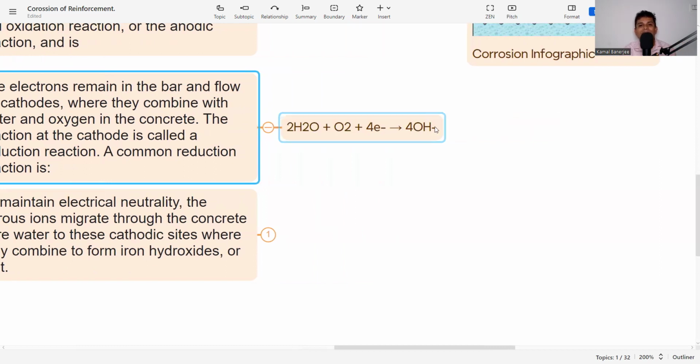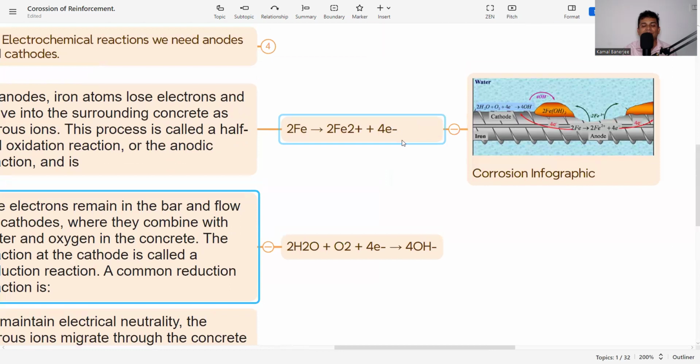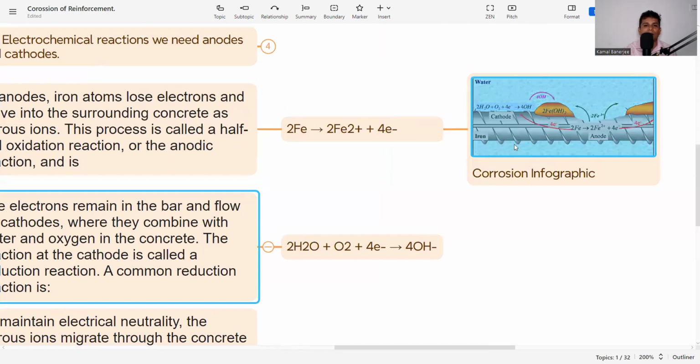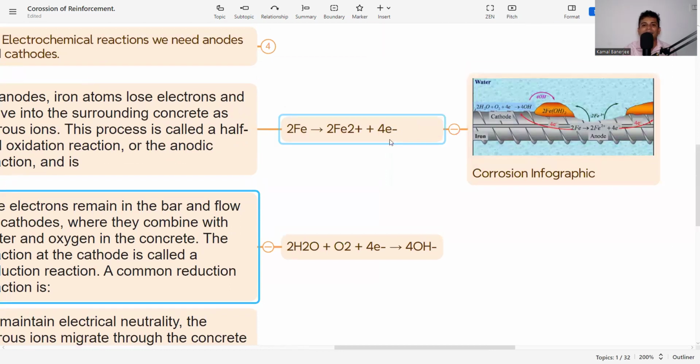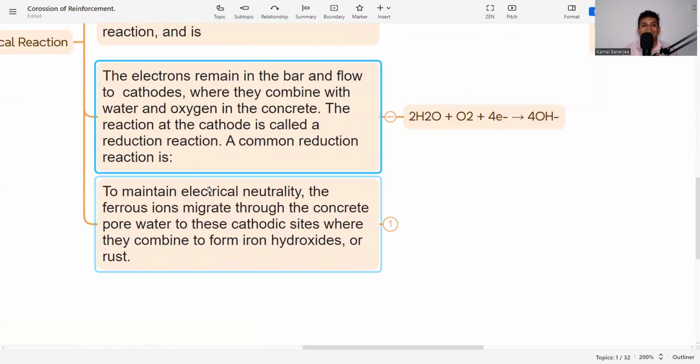Now this 4OH− is developing because of the 4 electrons released from the iron, and at the cathode part they react with oxygen, releasing 4 hydroxyl ions. Now, what will happen to these ions? To maintain electrical neutrality, any medium has to become electrically neutral.